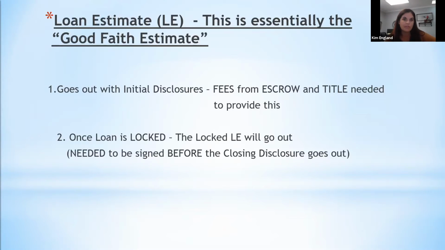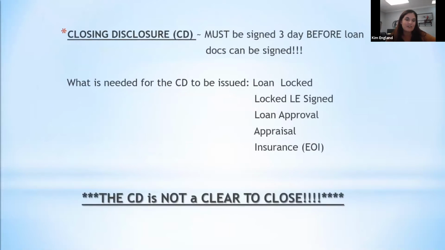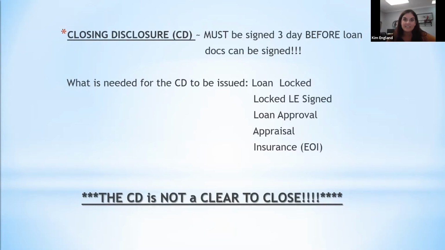a day before we get to the closing disclosure, but there's a time period for these. So the loan estimate goes out first, and then the closing disclosure, or CD. That's all anybody hears is CD. That has to be signed 3 days before a borrower can sign their loan docs.